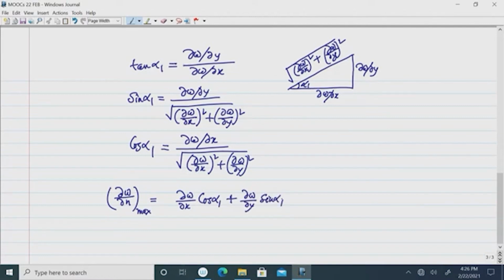Now, substituting the expressions that I have got here for cos alpha 1 and sin alpha 1, we can see the denominator of this expression is this, and the numerator of this expression will be this.